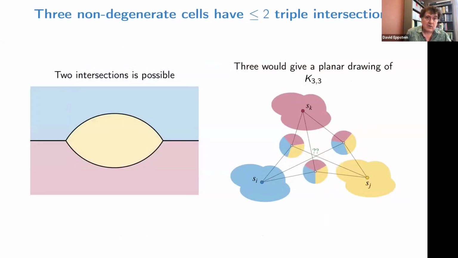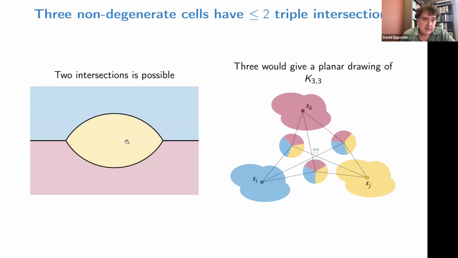So 3 non-degenerate cells have to be interior disjoint, and then it turns out that they can have at most 2 of these triple intersection points. In a standard Voronoi diagram for unweighted distance, every triple of cells has 1 intersection point. In the weighted case, they can have 2.